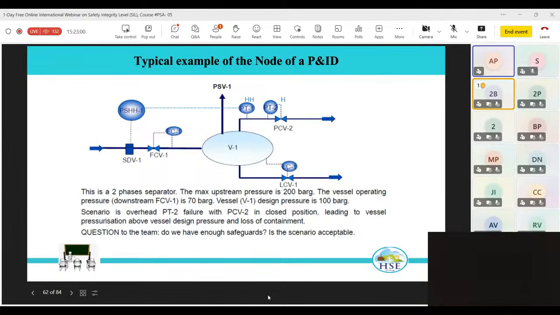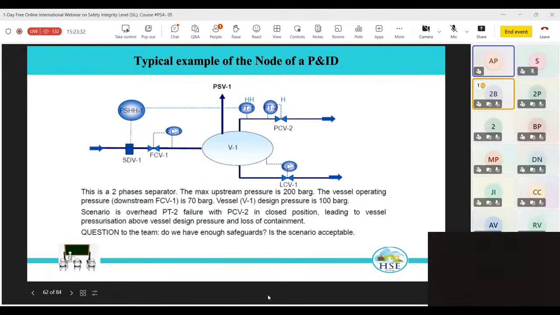Suppose this is going to be an oil and gas separation situation, then if the hydrocarbon which is going to come out is a flammable or explosive mixture, then it is a very catastrophic event. And depending upon whether the plant is located near a locality, the consequences can be very severe.